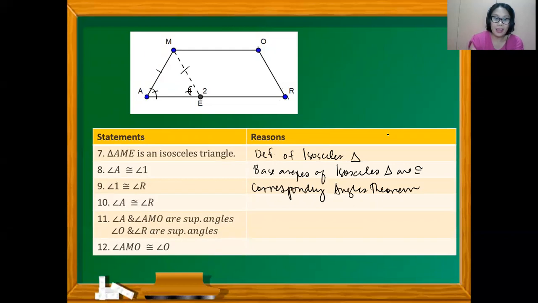Now, angle A and R are congruent from the two previous statements here. Since A is congruent to 1 is congruent to R, we can say that the two are congruent also from the transitive property.